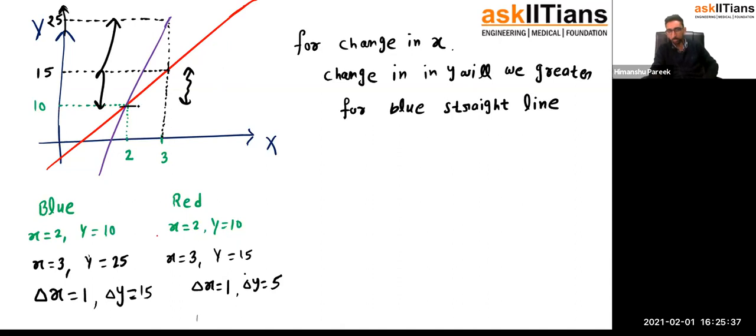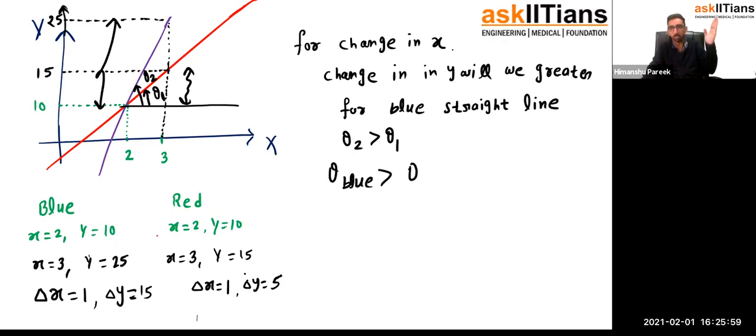Here, if you make a horizontal straight line, then you can see this angle is theta 1 and this angle would be theta 2. So theta 2 is greater than theta 1, which means it is going towards the y-axis. The blue color line is more steep, and the red color line is less steep.